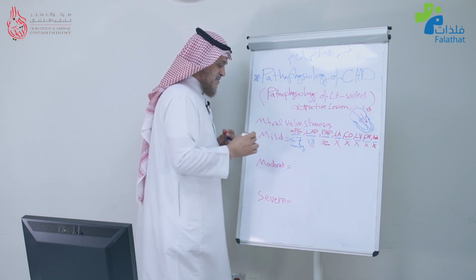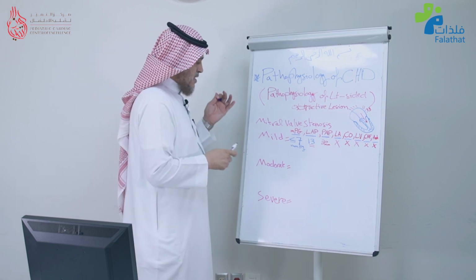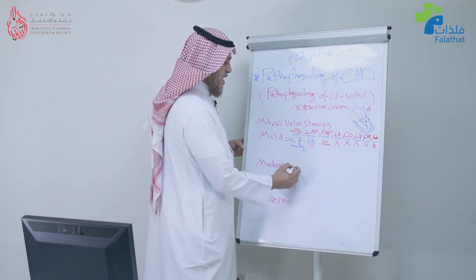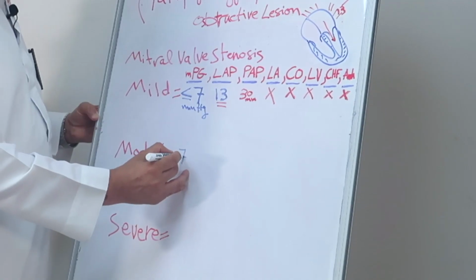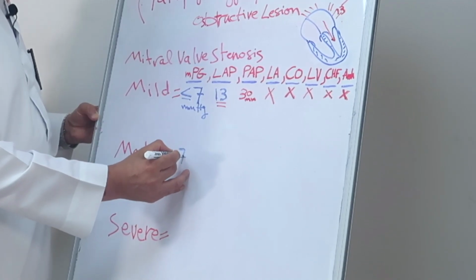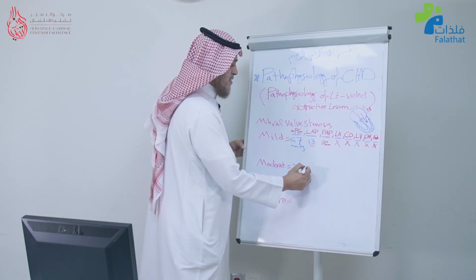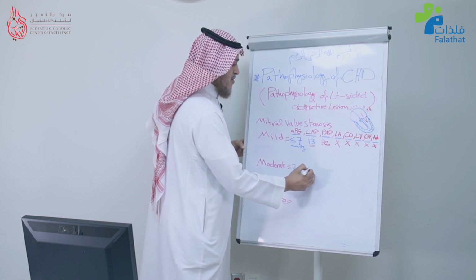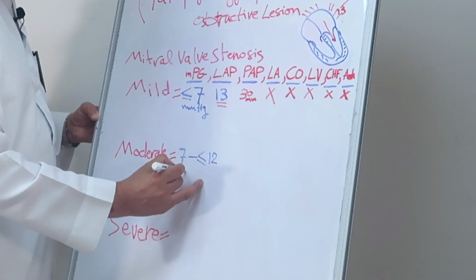What if it is a moderate stenosis? And when we say moderate, that means the mean is anything between 7 millimeters of mercury and less than or equal to 12. That's a mean pressure, huh?